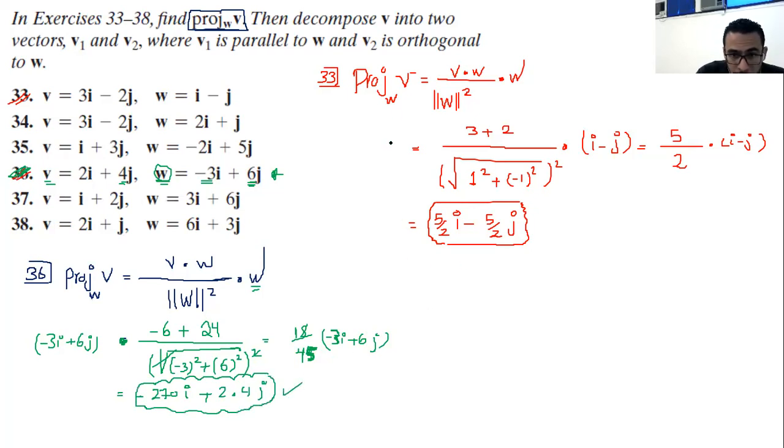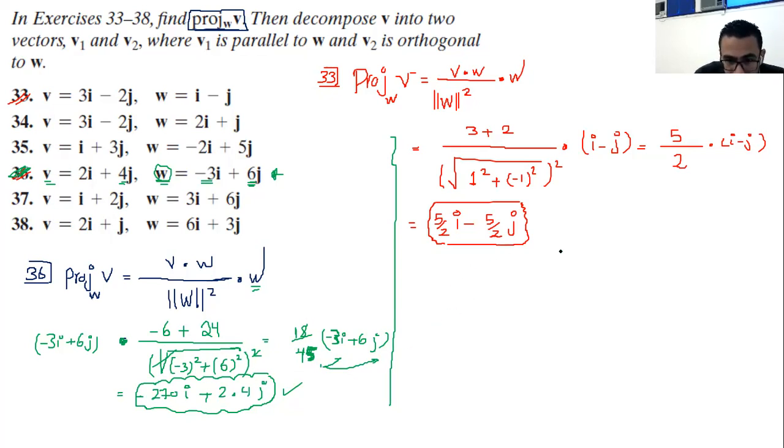Mister, I want to ask a question. What did we do in the last step after 18 over 45? We multiplied 18 over 45 by the first component and by the second: by negative 3 and by 6.